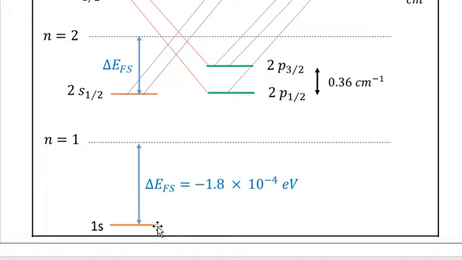So the energy of this 1s electron will be lying much below the principal energy reference line, which is shown in the dotted line against n equal to 1. And you know that this energy term due to the fine structure will be equal to minus 1.8 times 10 to the power minus 4 electron volt. So the 1s electron, if you include the fine structure energy term, will be lying much below the reference level.